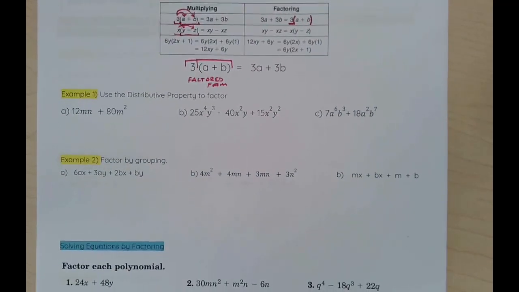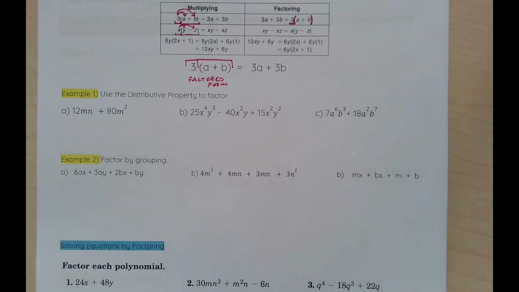Using the distributive property to factor, we are going to utilize what we did in the previous lesson of finding the GCF. The GCF of all of the terms in the polynomial is going to be our first factor in factored form. So looking at a, I have 12mn plus 80m squared.